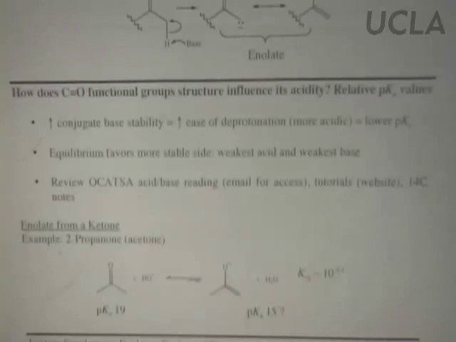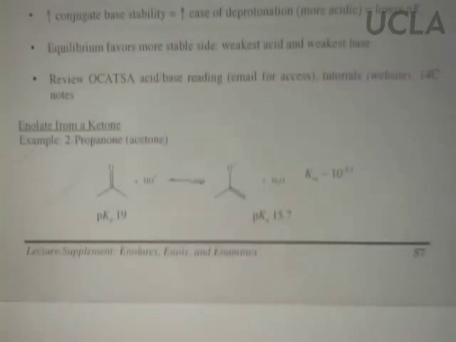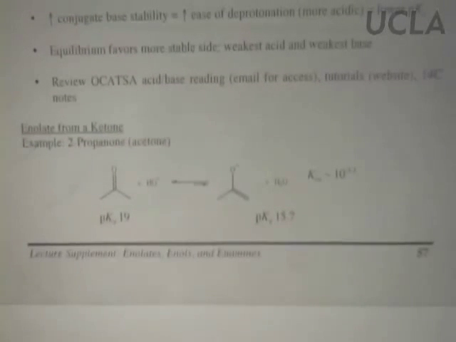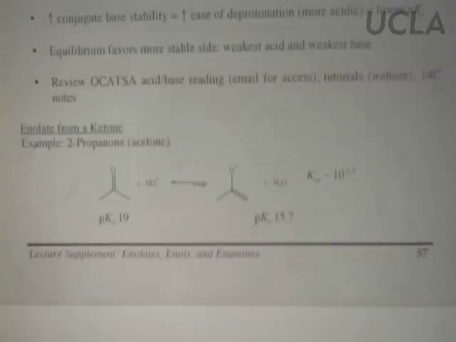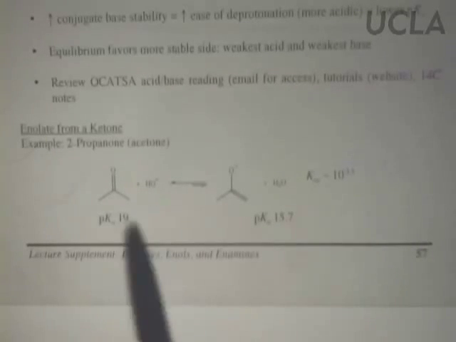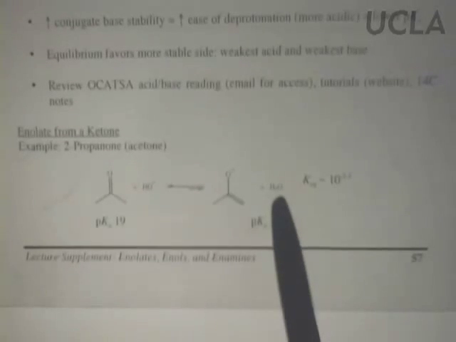All right, let's start with a very simple, very common case. That's a ketone. Here's a ketone. Ketones turn out to have a pKa of 19. Since the pKa of water is 15.7, a pKa of 19 is higher, more positive than 15.7. That means that acetone, this ketone, is a weaker acid than water.